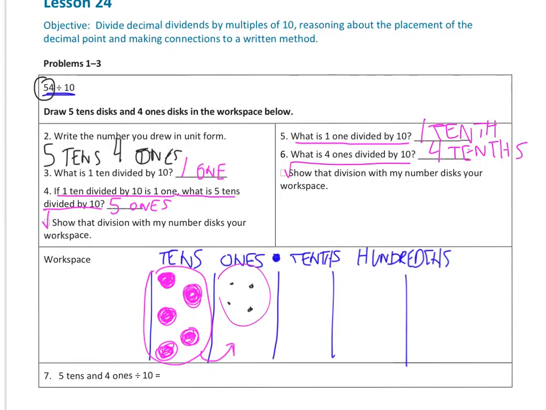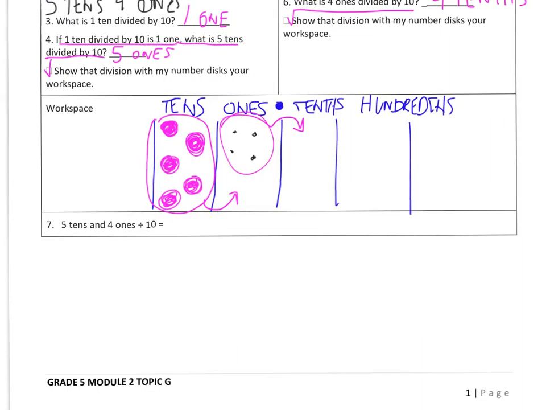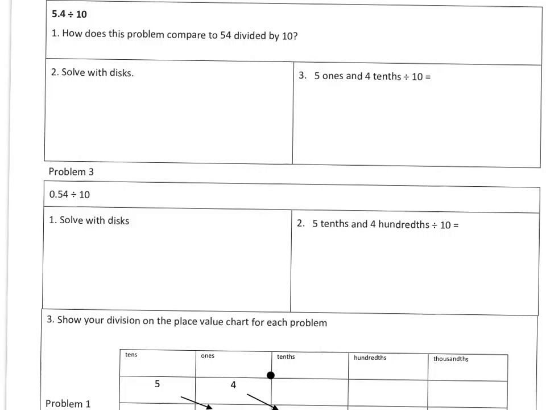So we're going to take those and move them over here. So if my 5 tens became 5 ones, and my 4 ones became 4 tenths, well, then I have 5 and 4 tenths, so we make sure my decimal's right there. There we go.